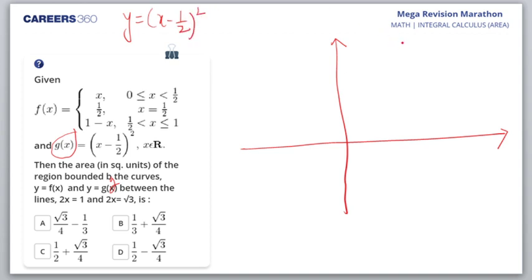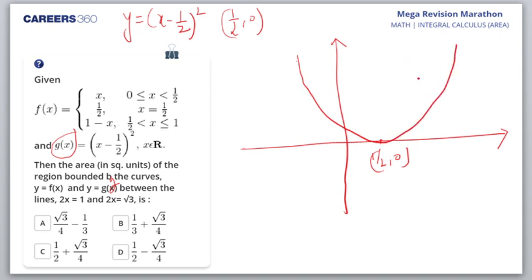So this means this is a right hand parabola with vertex at (half, 0). This is the vertex of the parabola. So half, let us say this is (half, 0). So the parabola is having a vertex at half.